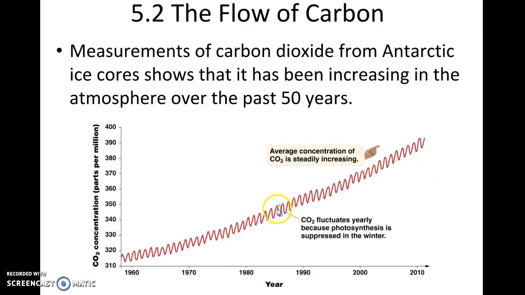Here's an interesting little tidbit. The carbon dioxide fluctuates yearly because photosynthesis is suppressed in the winter. So carbon dioxide levels go up a little bit in the winter every year because the trees aren't sucking it in to do photosynthesis, and then it comes down a little bit in the summer. But even with that up and down, we're still seeing a strong increase in parts per million of carbon dioxide in our atmosphere.